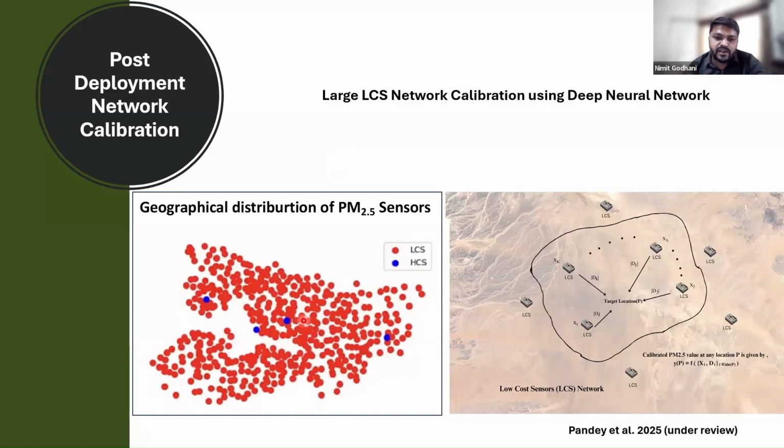We put one device along with the reference grade monitor in the field also. From that we measure how much drift these sensors have, how much error the nearby sensors or entire area have compared to those 35 monitors, and how much calibration is needed. For that we are using a calibration method based on a deep neural network. We have submitted this to IEEE Sensors, and it is now under review.